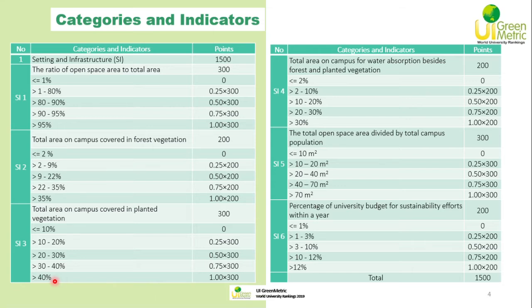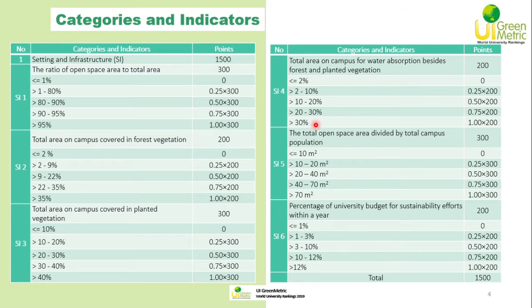The next criterion is water absorption, which requires that you set aside 30% of your campus ground for it. This is criterion number 4 for setting and infrastructure.